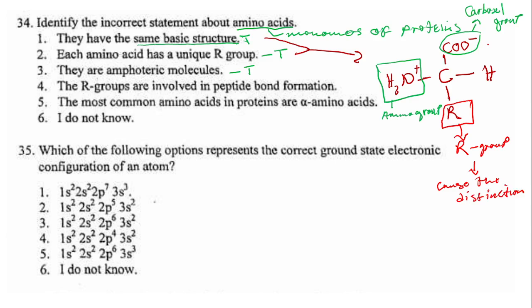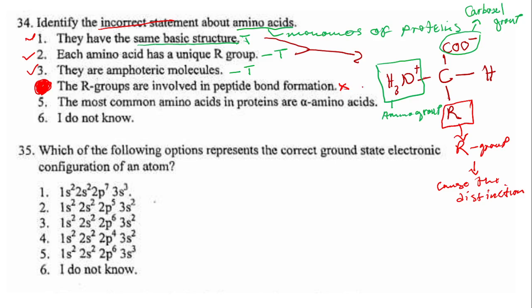So that makes 1 and 2 correct statements. This one is also correct. Then the R group being involved in peptide bond formation is the wrong statement. Since we are looking for the incorrect one, this is the answer.